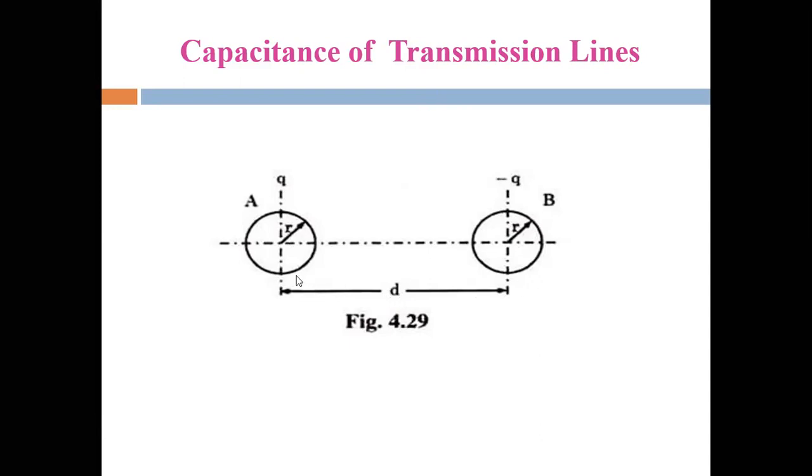The radius of conductor A is r, and the radius of conductor B is also r. Conductor A has charge q coulombs and conductor B has charge minus q coulombs.